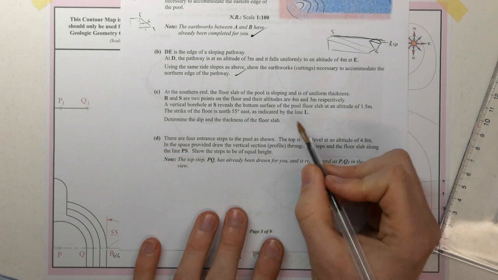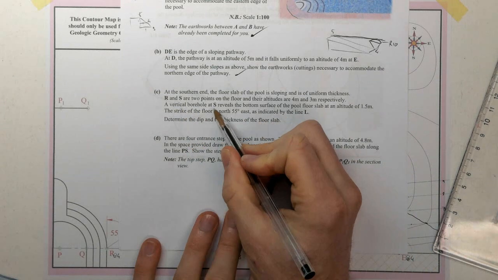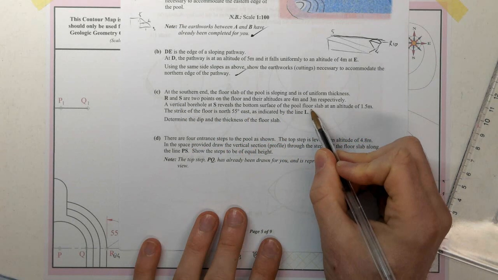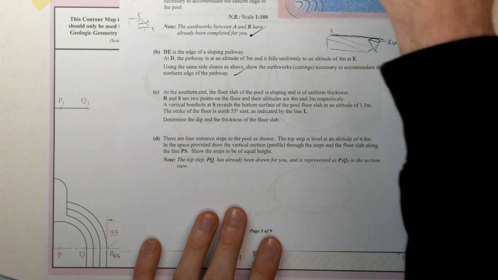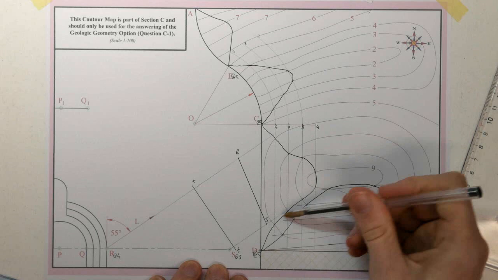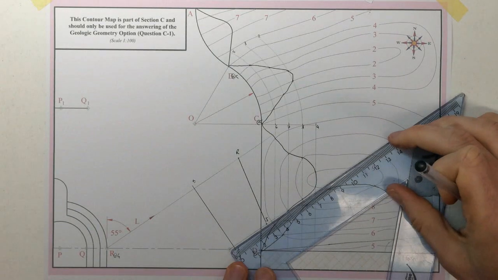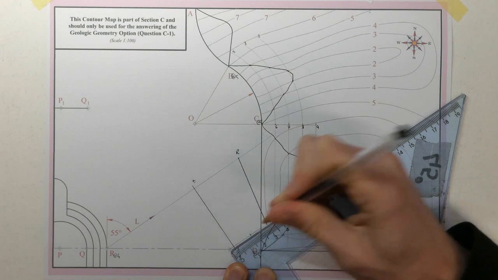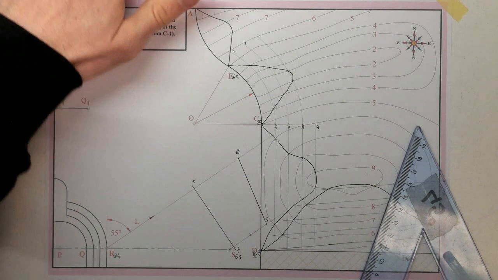Now, that has our edge view of those. Now, back to it: the vertical borehole at S reveals the bottom surface of the pool floor slab at an altitude of 1.5. So if we go up 1.5, that is the bottom of our floor slab, or of our pool base.